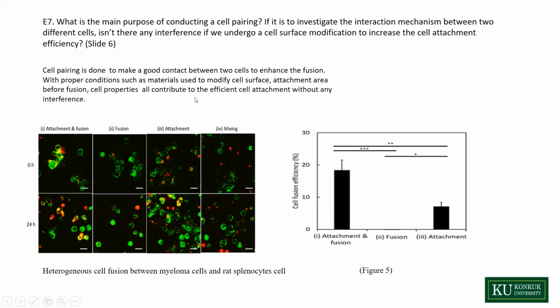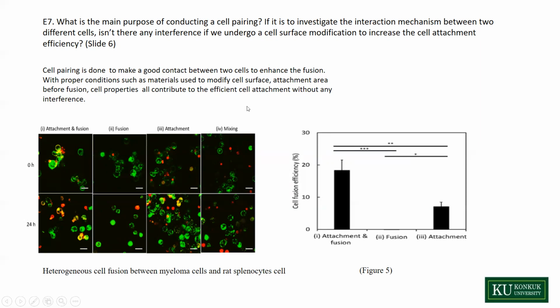So I think that if we can have optimal conditions for heterotypic cell-cell attachment and fusion, there will not be any interference between the cells. For example, there are two cells, myeloma cells and rat splenocyte cells.